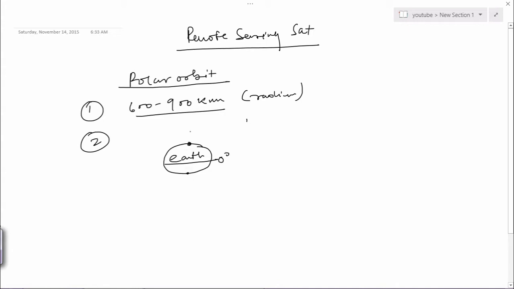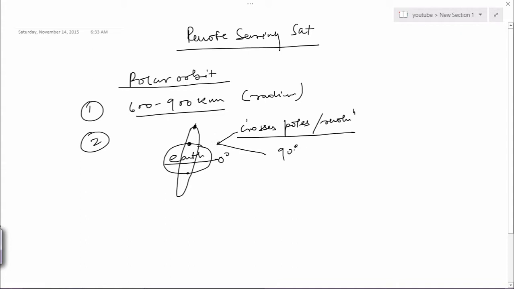Then the polar orbit has to be in such a way that the satellite crosses over the poles in each of its revolution, crosses poles per revolution, and at the same time it should form a 90 degree or so angle with the equator.